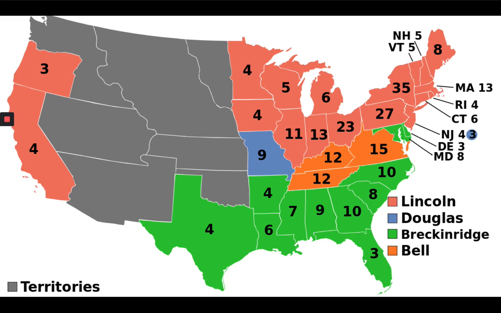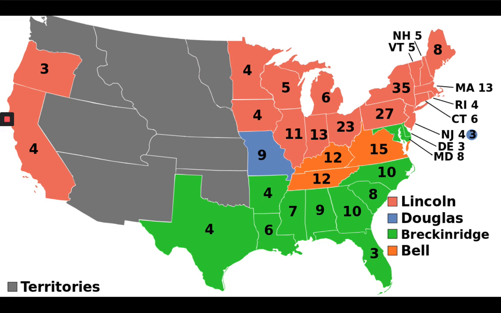We go into booths and we are in a private situation where nobody's looking over our shoulder or peeking at what we're doing, and we can, in a pretty profound and confident way, cast a vote for who we think should be chosen for office.